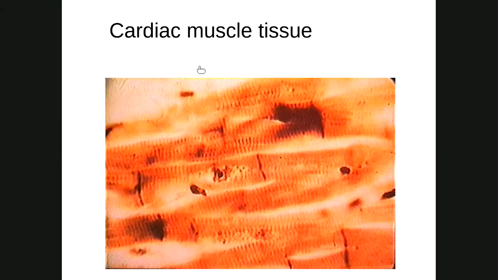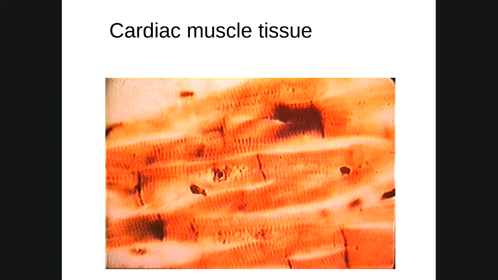All right, here's your cardiac muscle tissue. It too is striated, but it'll branch. What I mean by that is you can see here's one cell and it kind of branches off this way and it branches off that way. It's kind of like taking the letter Y and laying it on its side. So cardiac muscle is similar to skeletal muscle in that they're both striated.